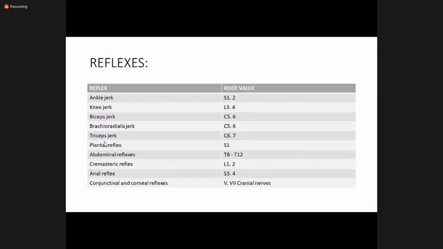Brachioradial jerk, you are checking the roots C5, C6, and for the extensor compartment, like the triceps jerk, C6 and C7. The plantar reflex is S1, abdominal reflex T8 to T12, cremasteric reflex L1, L2, anal reflex S3, S4, and the conjunctival and corneal reflexes are cranial nerves 5 and 7.